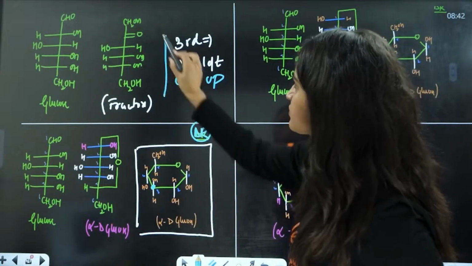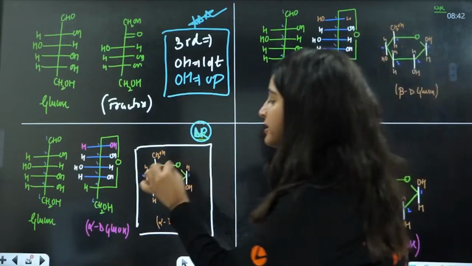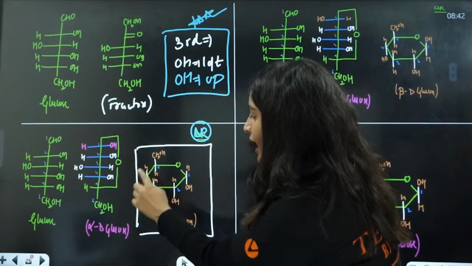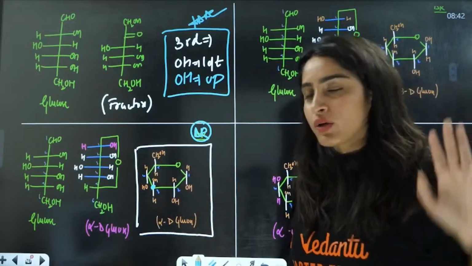Very important: only the third carbon OH is on the upside. Everywhere else, at the first, second and fourth positions, OH is on the downside.